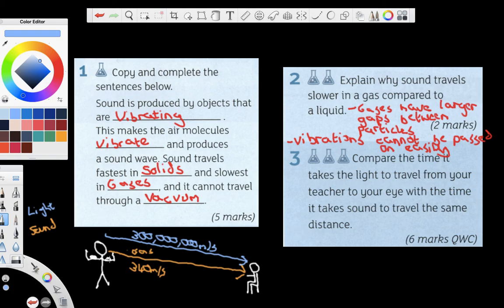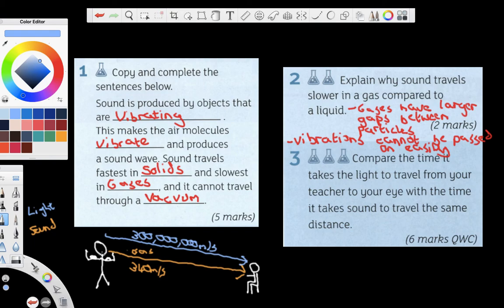When it says compare the time it takes for each one to travel, you should have said light rays reflect off the teacher into your eyes at 300 million meters per second. Light rays reflect off the teacher for 1 mark and travel to your eyes at 300 million meters per second for your 2nd mark. For your 3rd mark, you needed to say that the teacher produces vibrations in their voice box.